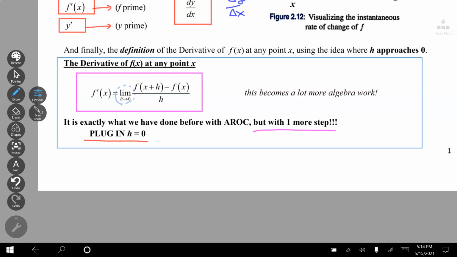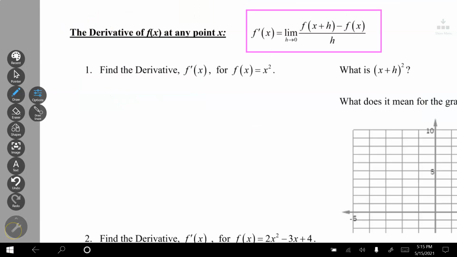So we're going to do exactly what we've been doing all year, except one more step, plugging in 0 for h. So here's my formula. f prime of x equals the limit, don't forget this limit as h goes to 0, of f of x plus h minus f of x over h.